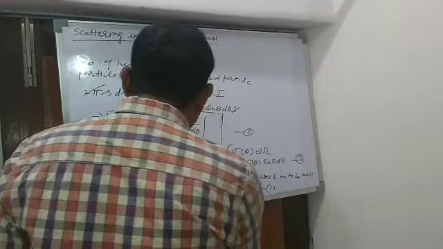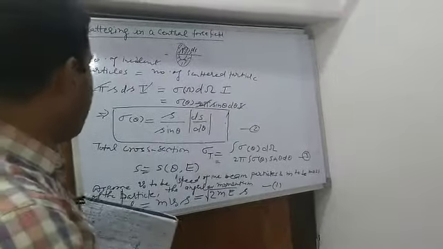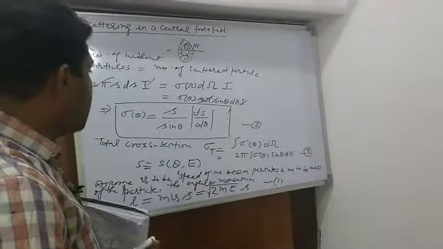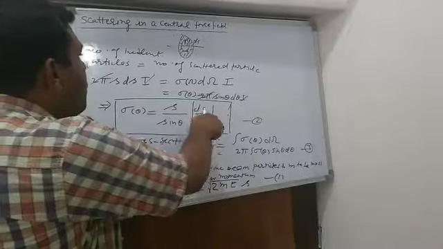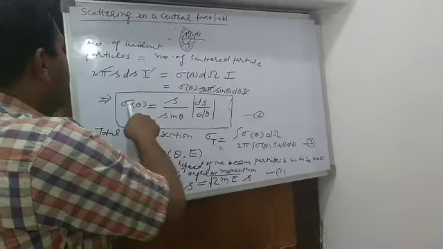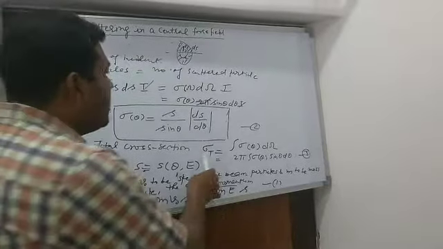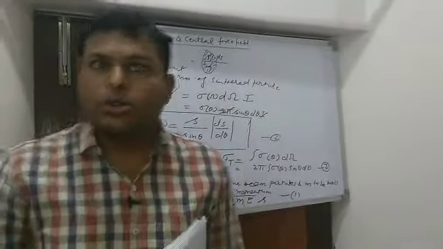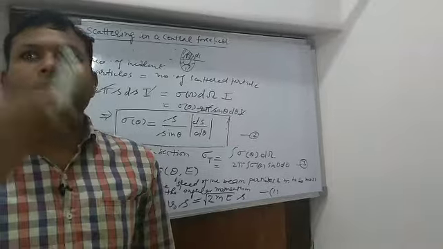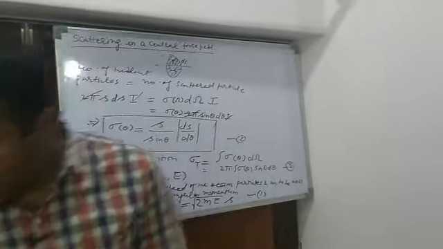So if we could get the equation for s in terms of theta, we should be able to get the value of the differential cross section, and thereby the total cross section could also be obtained by integrating over the whole solid angle.